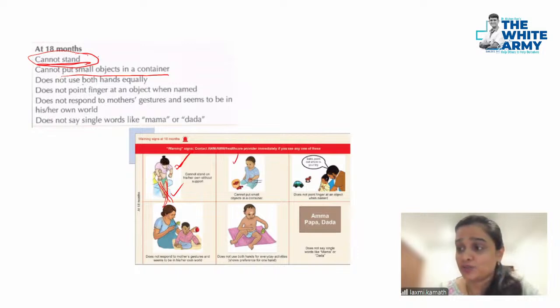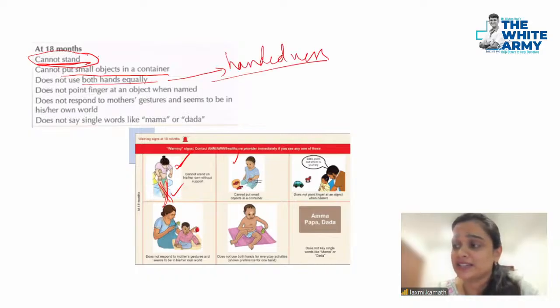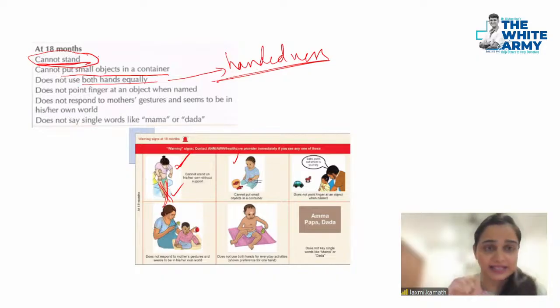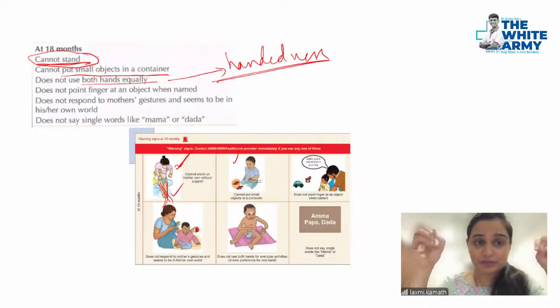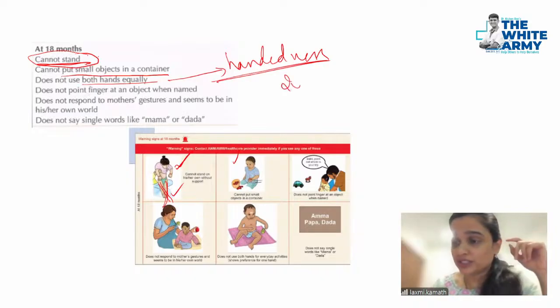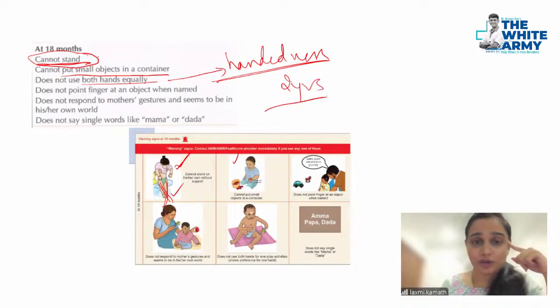So does not use both hands equally, meaning the child has started using one hand predominantly, which is called as handedness. Now we all know that handedness, like for example, I'm a right-handed person or someone is a left-handed person. If this handedness comes before 2 years, then it is definitely abnormal. Okay, so then it's definitely abnormal.